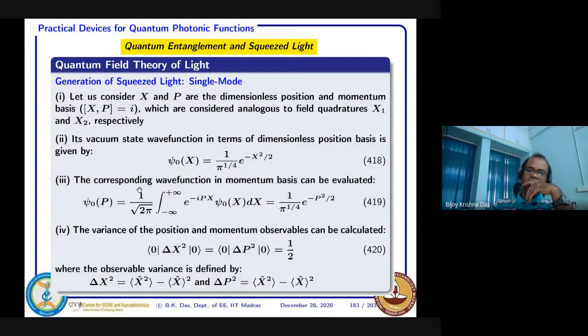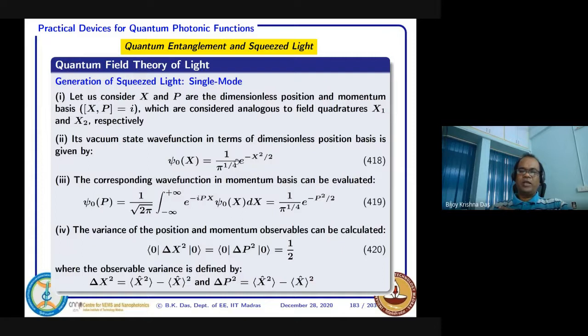Now, we know there is a relation between the position eigenfunction and the momentum eigenfunction by Fourier transform. So if x is there for the position-dependent wave function, then the momentum-dependent wave function is just a Fourier transform of this one.